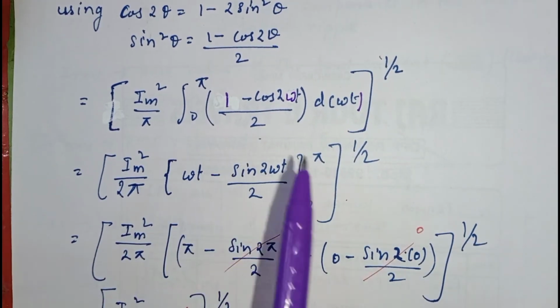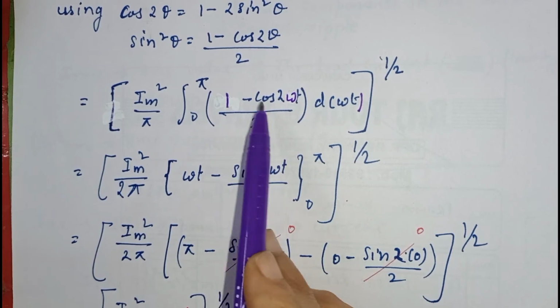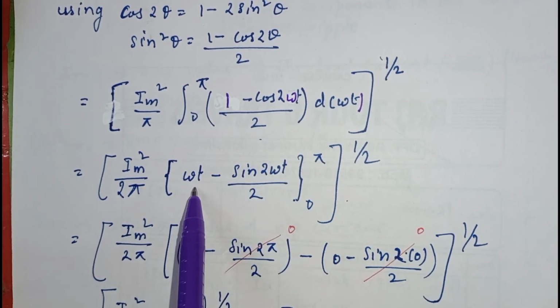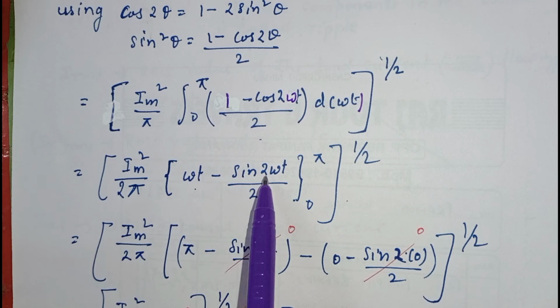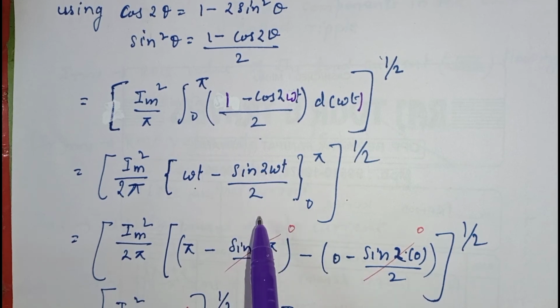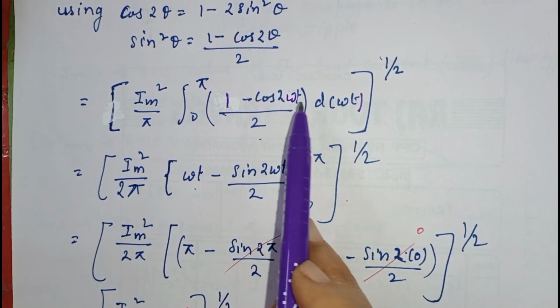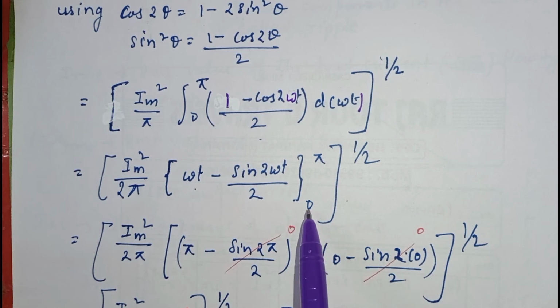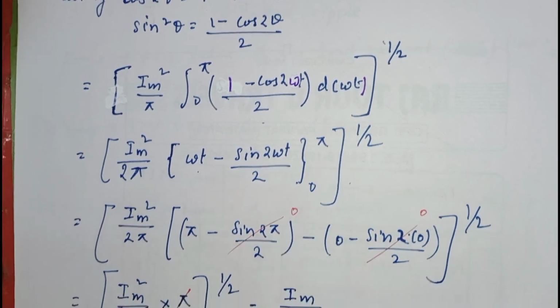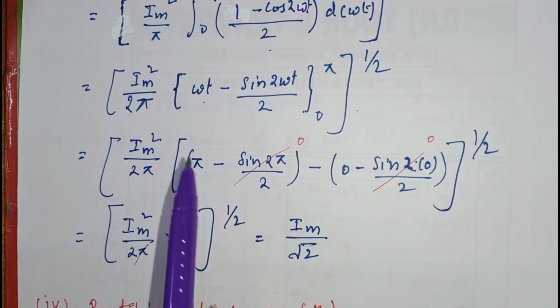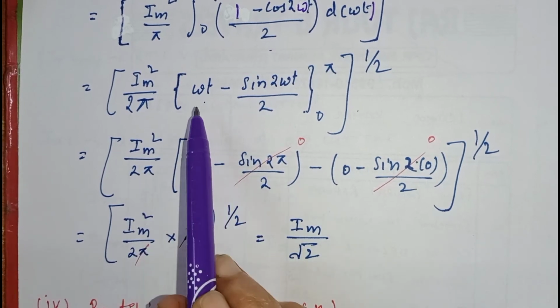After integrating this, we will get omega t for the 1 and minus sine 2 omega t upon 2, which is the integration of cos 2 omega t, and applying limits from 0 to pi we will get this equation.